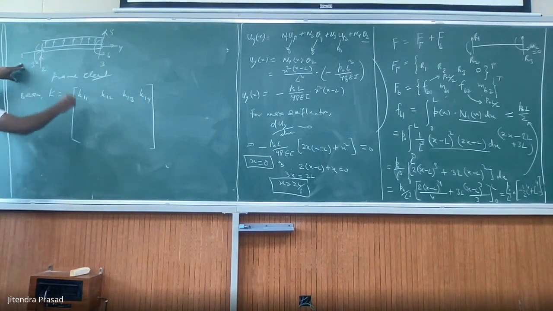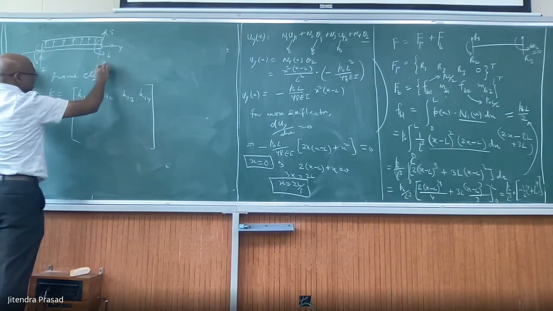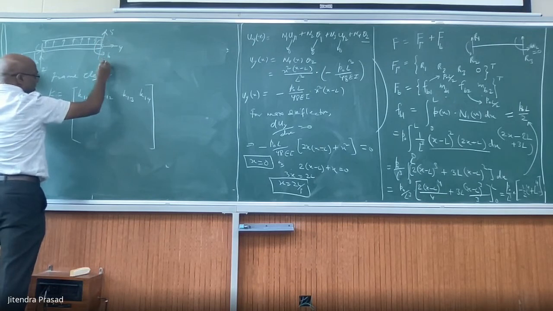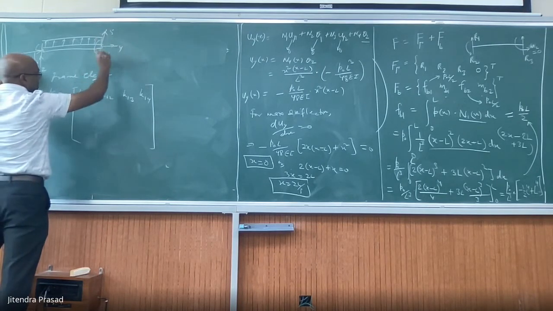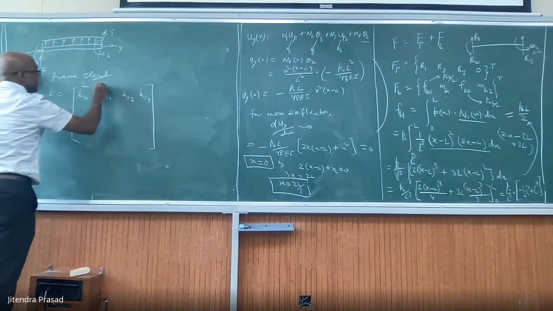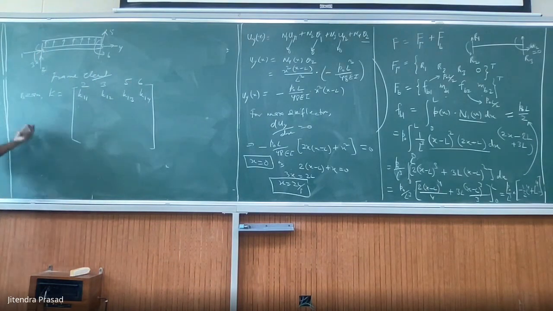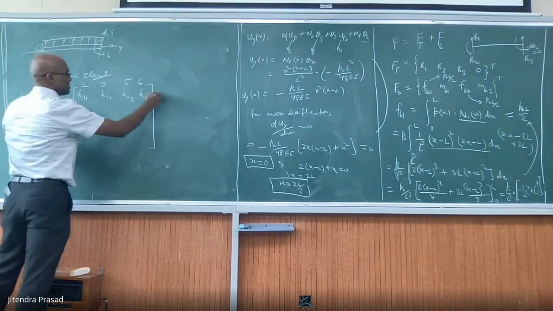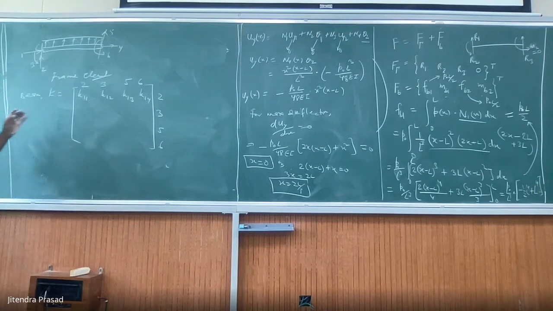But here, for the beam, the degrees of freedom correspond to 2 and 3, and then 5 and 6. So these will correspond to 2, 3, 5, 6 in global.